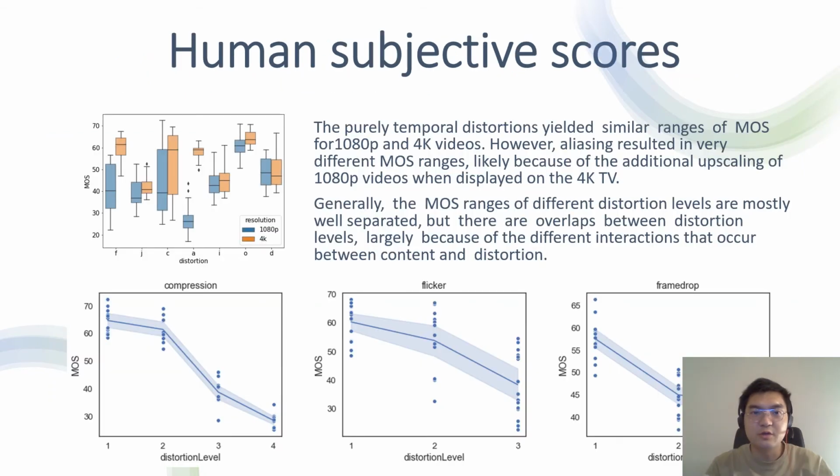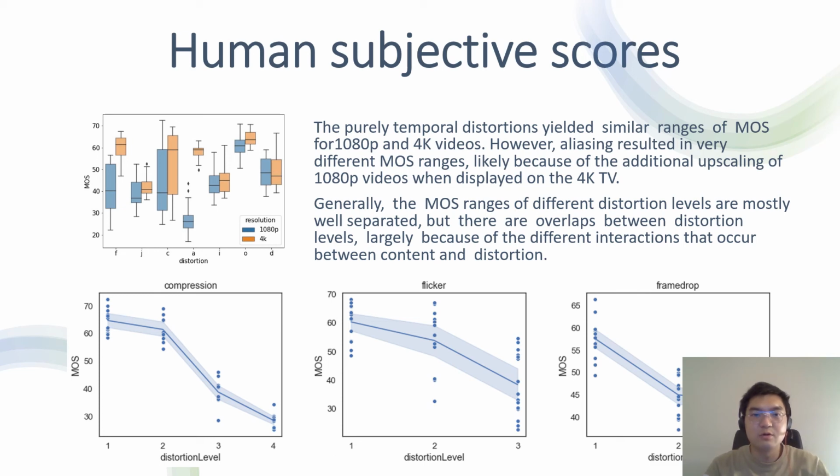We conducted a human subjective quality study and acquired the mean opinion score on each video. Here we present some analysis of the human subjective scores. From the figure on the top, we notice that different distortions result in very different distributions of the mean opinion scores. We also notice that for different resolutions, usually the distributions of the mean opinion scores are different, especially when they have spatial distortions.